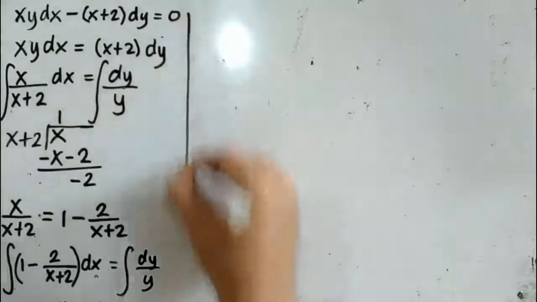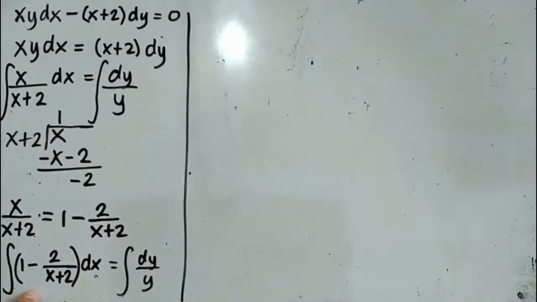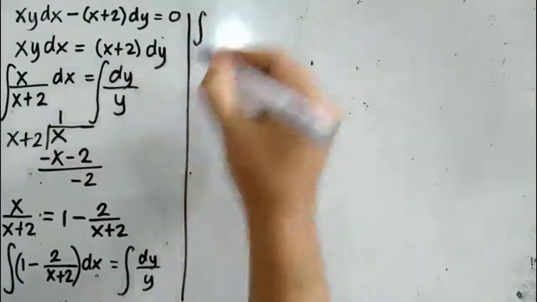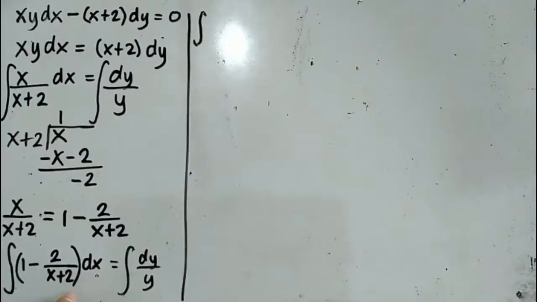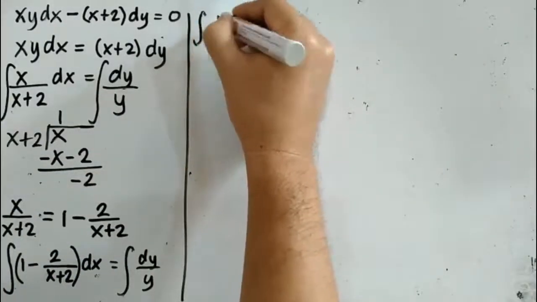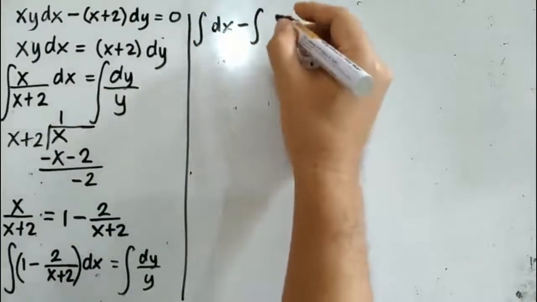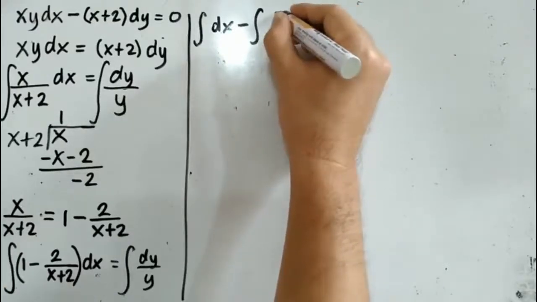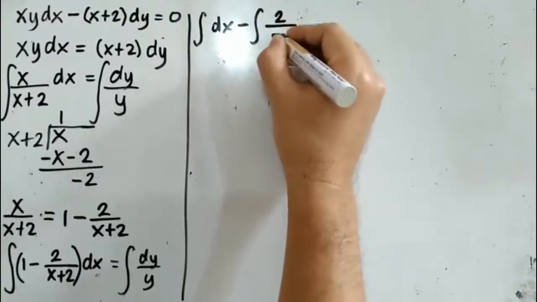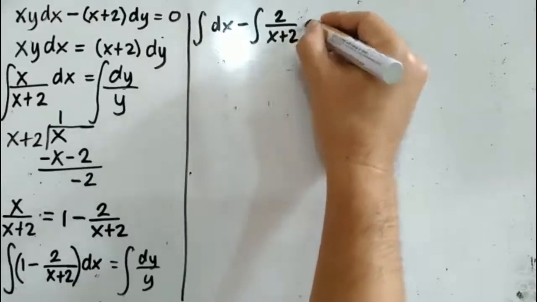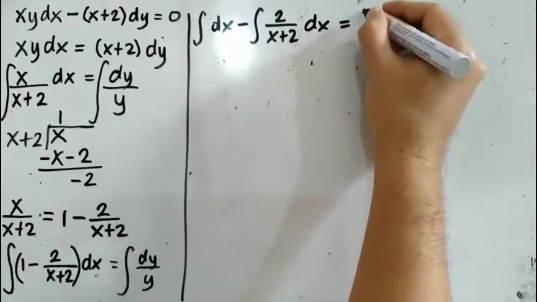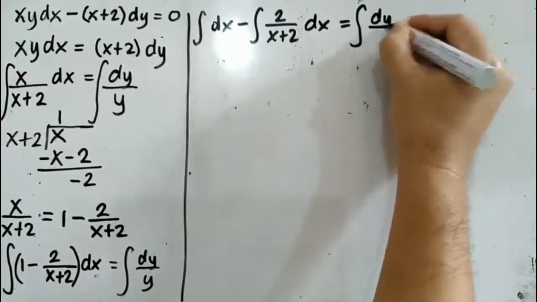Okay, so this is equivalent to the integral of, we distribute the integral because that is the sum rule for integration. So the integral of, we also distribute dx, so 1 dx, or simply dx, minus the integral of 2 over x plus 2 dx equals the integral of dy over y.